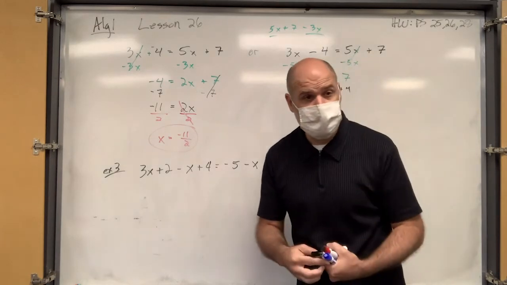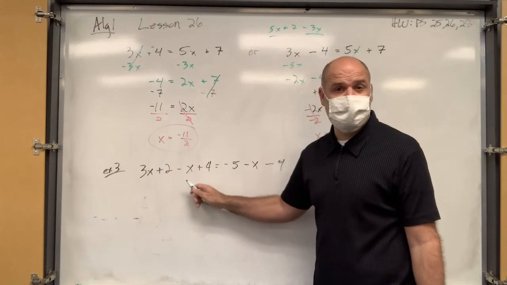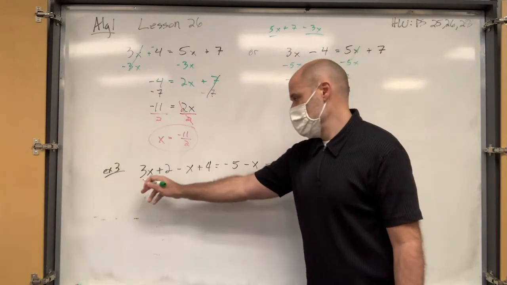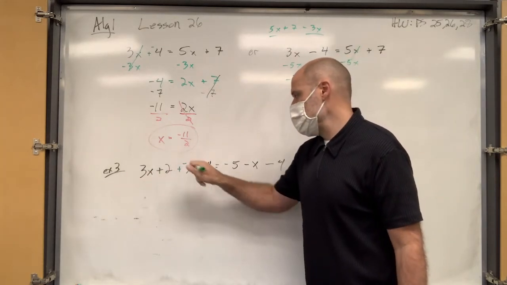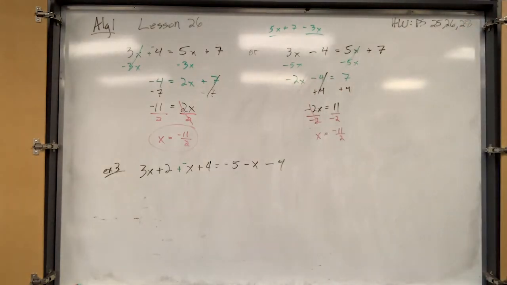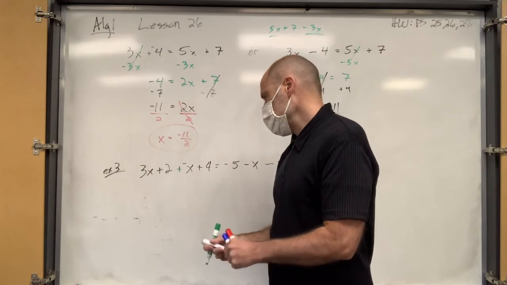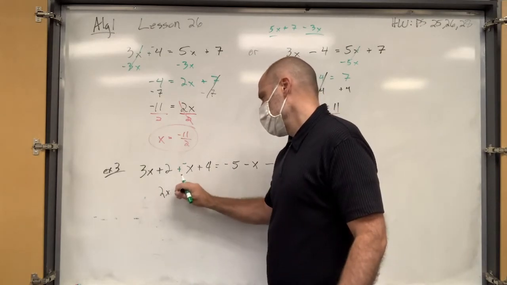So here's what I would suggest: when you are simplifying by combining like terms, chicken scratch. Now, you would not have said 4x by looking at that, right? Because 3x and a negative x will come down to a 2x. Okay? So 2x plus 6.